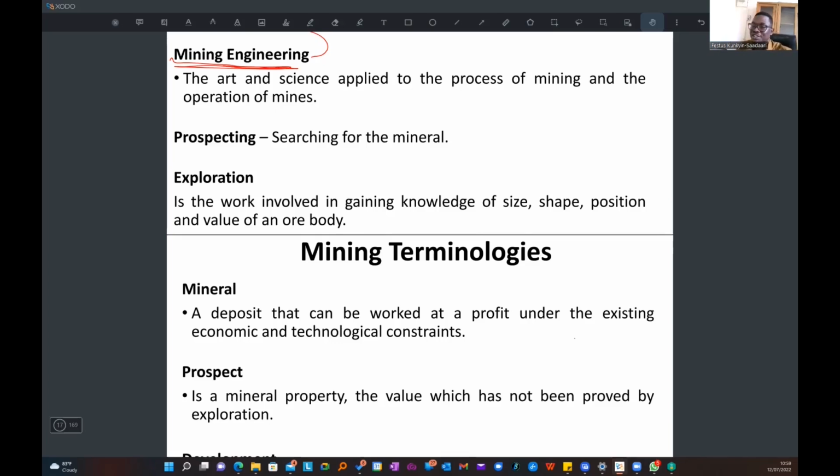layman's explanation. So the prospecting here is kind of like, you are a young man, you are ready to get married. There are so many women all over, but you are looking for a particular spec for yourself. And so you set out there to explore. You want to find out what are the various types of women we have, what are their heights, what are their color, what are their tribes.